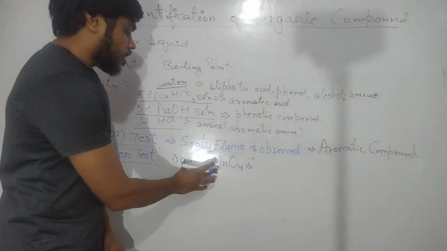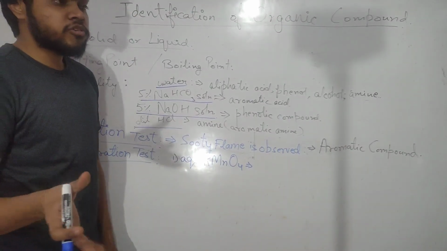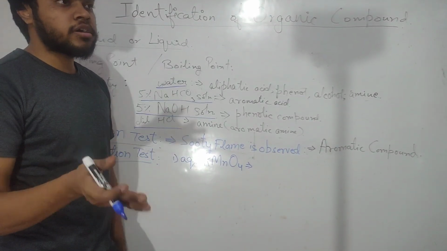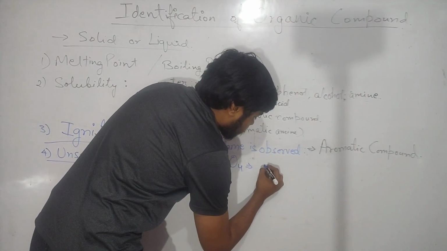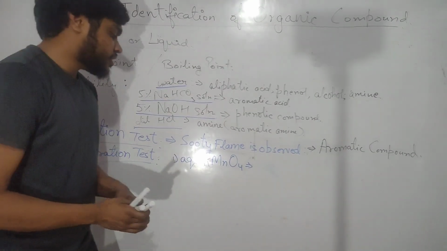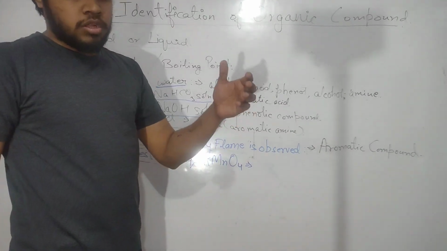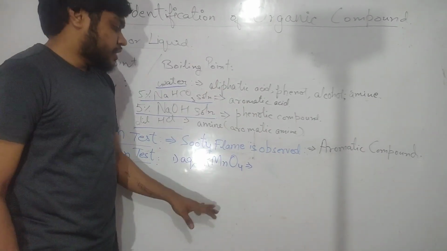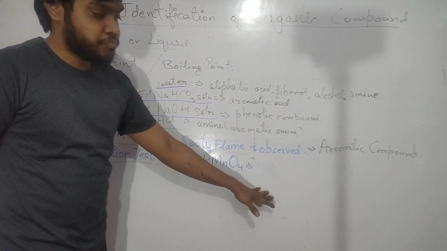If the color of the KMnO4 is discharged, it means that the purple color of KMnO4 is turned brown or turned colorless. It means the presence of unsaturation. If color is discharged, it means a double bond or triple bond is present in our compound. But in some cases, this test becomes also misleading.